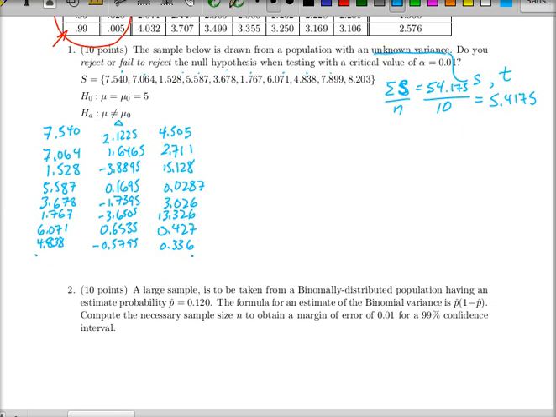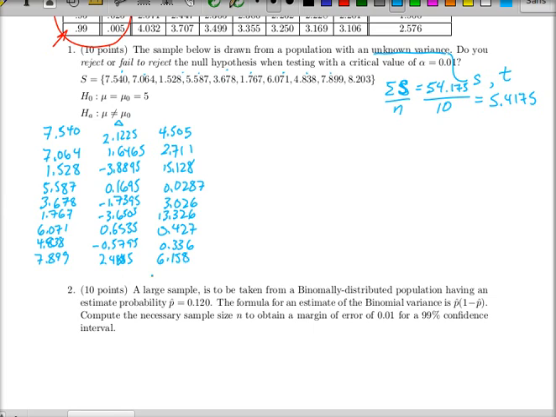And then 7.899 minus 5.4175 equals 2.4815. Square that. 6.158.